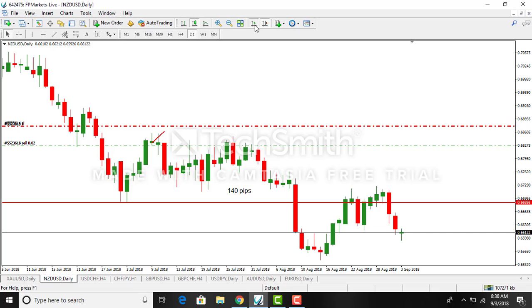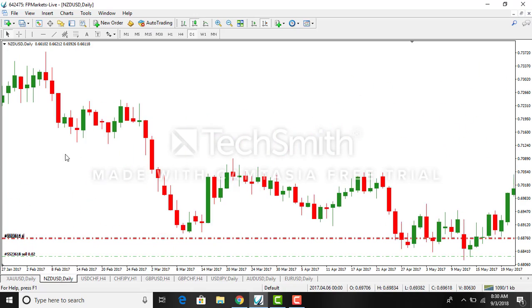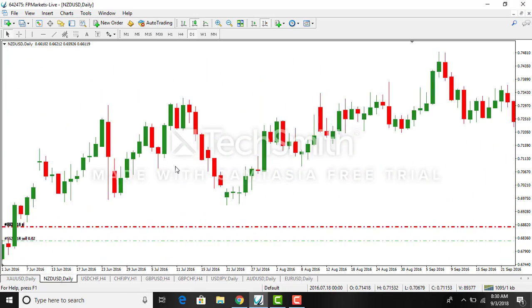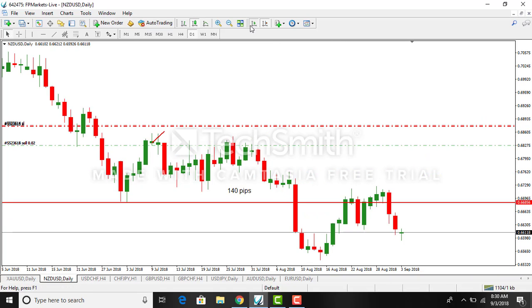So with that being said, this area from the left is a strong support on a weekly level, even daily too, it shows that it's a strong support level. And you notice that price, a red candle, just broke through that support.